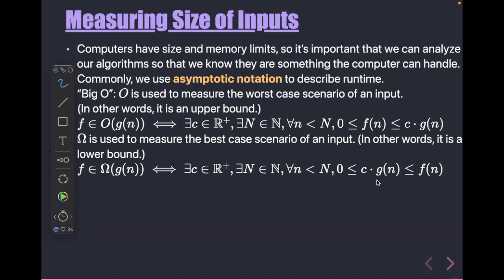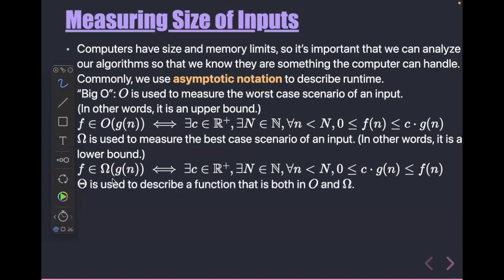So this function g of n describes the very fastest your algorithm can run if you give it an ideal input. This one's a lot less useful because in the real world you want to think about worst case scenarios. So it's much more common to use big O rather than big omega.